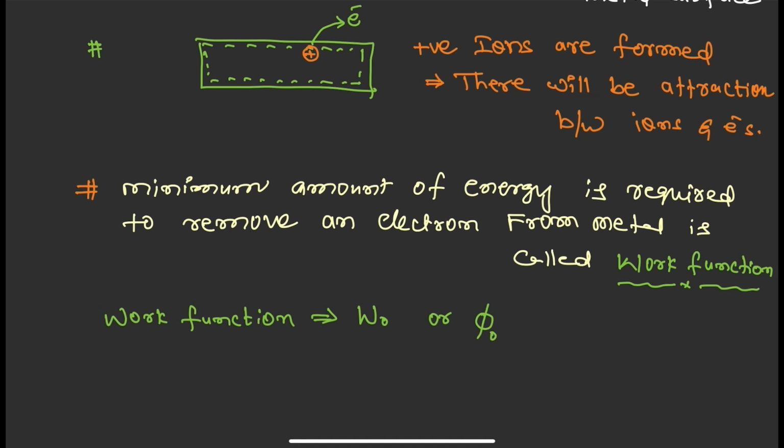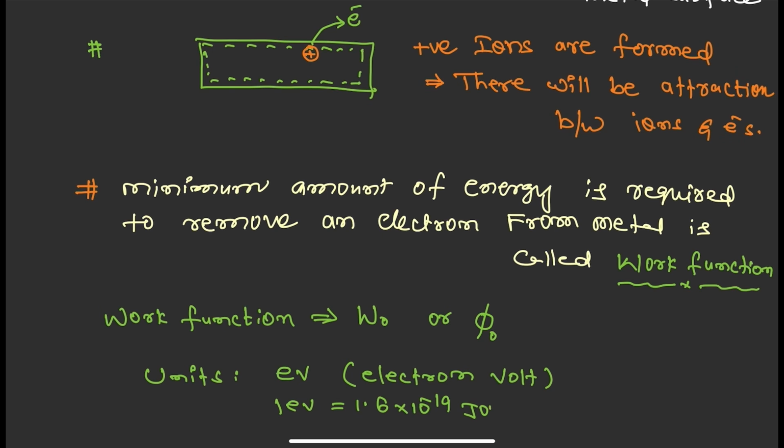It is measured in electron volts. 1 electron volt is equal to 1.6 into 10 to the power of minus 19 joule. So this is about work function.